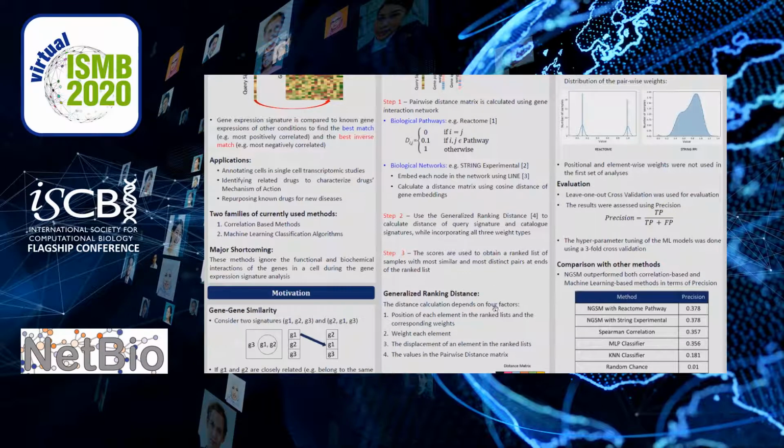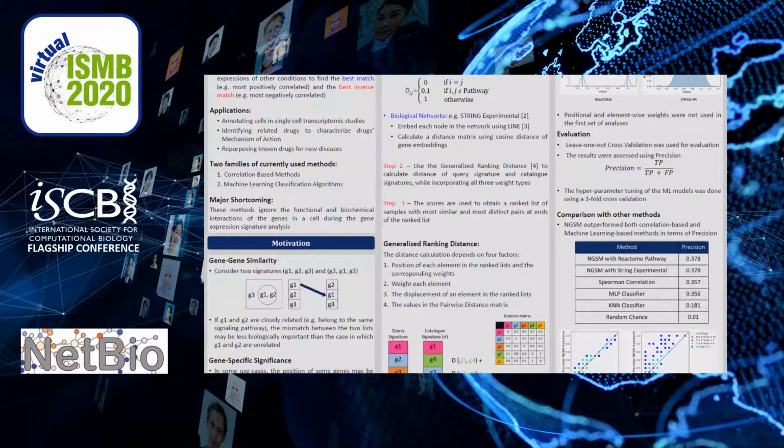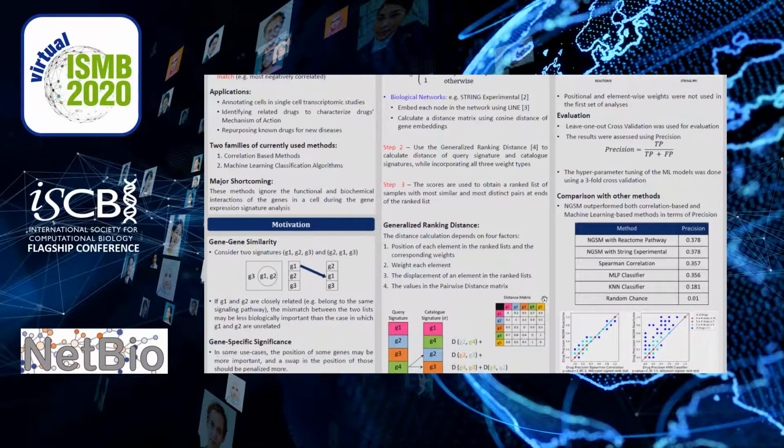For the generalized ranking distance calculation, 4 factors need to be considered. Starting with the rank list, the position of each element in the rank list and its corresponding importance weight, displacement of an element in the rank list, and gene-gene distance values obtained from the pairwise distance matrix.